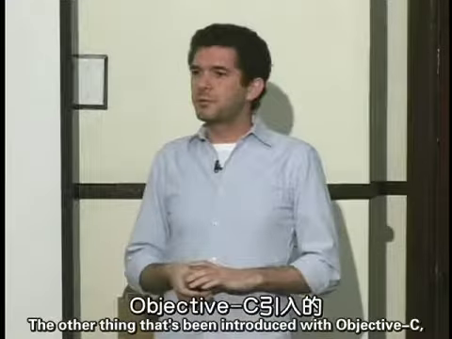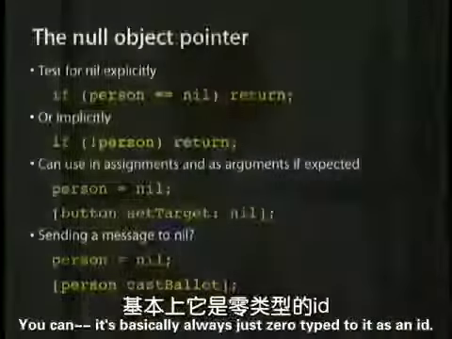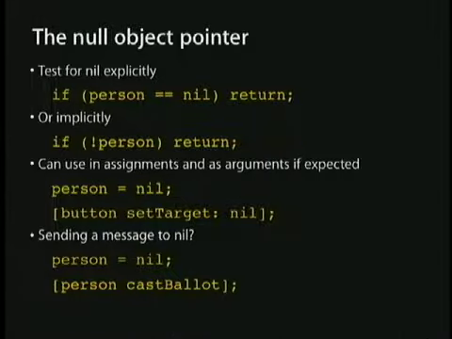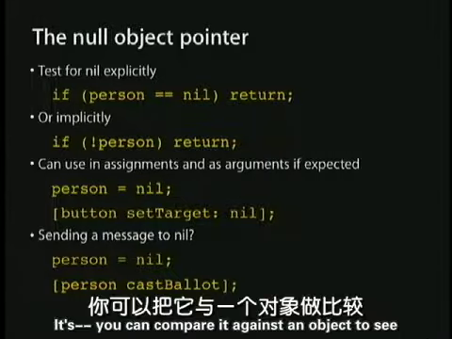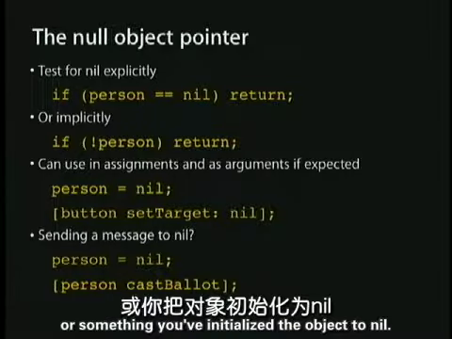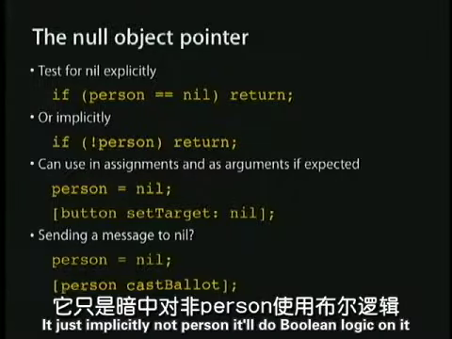The other thing that's been introduced with Objective-C, that's a new type, is the null object. It's nil. It's basically always just 0 typed as an ID. You can compare it against an object to see if that object is valid, assuming you've initialized the object to nil. You can just implicitly check not person.